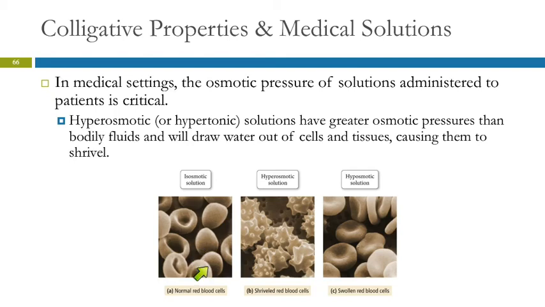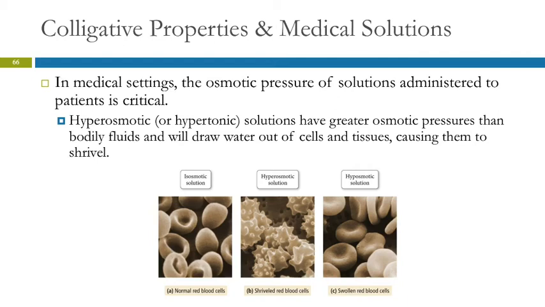If you put them in a solution that's too salty, osmosis will draw water from the blood cells into the solution, causing the blood cells to shrivel up. It's called crenation. If you put the blood cells in pure water or something where the salt content is too low, then that causes water to flow into the cells, and it causes them to swell, and eventually they will burst. Also not good.